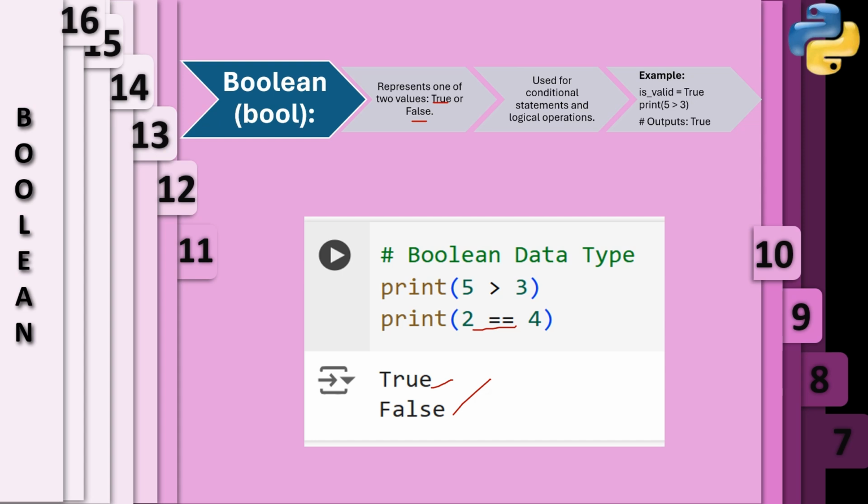Boolean values are often the result of comparison operators and logical operators, that is and, or, not. These are logical operators. These are commonly used in control statements like if, while, and for to determine the flow of the program.